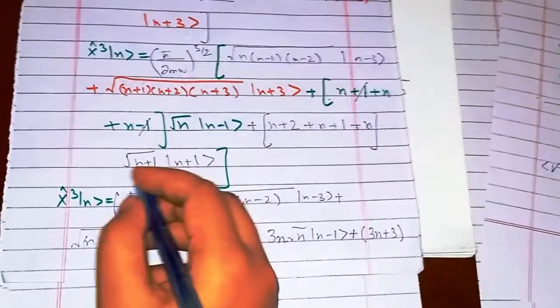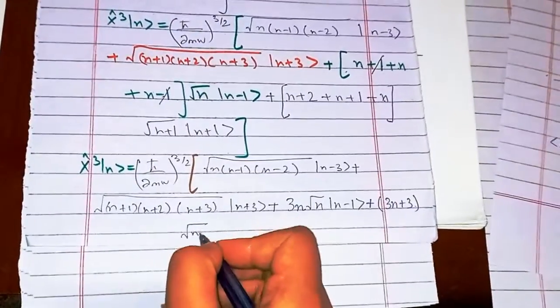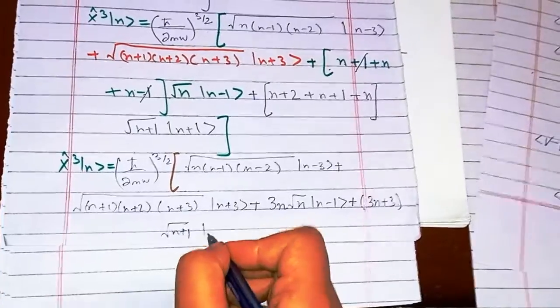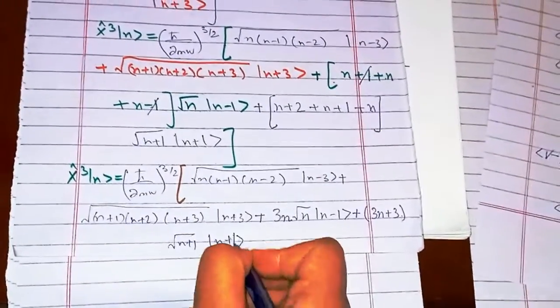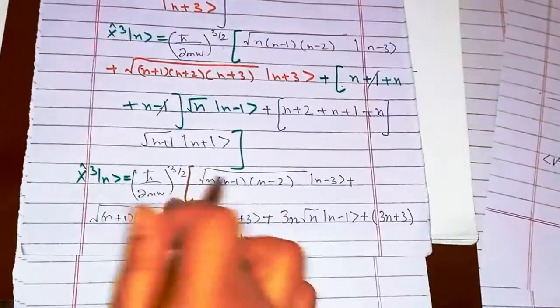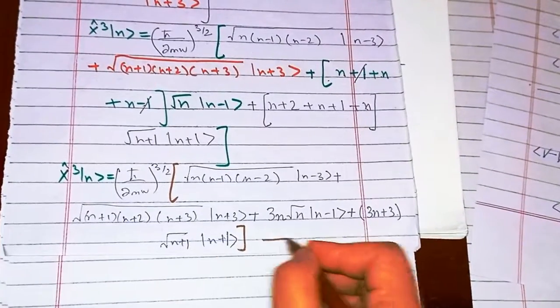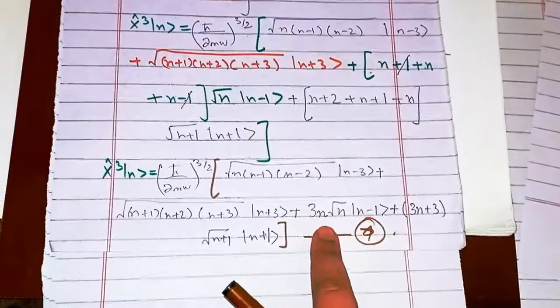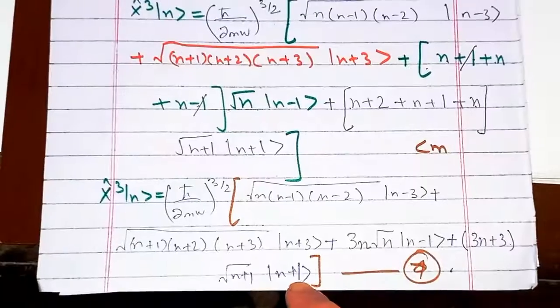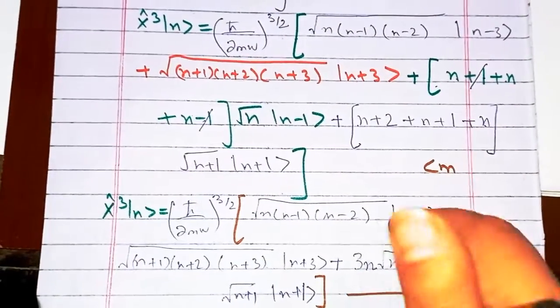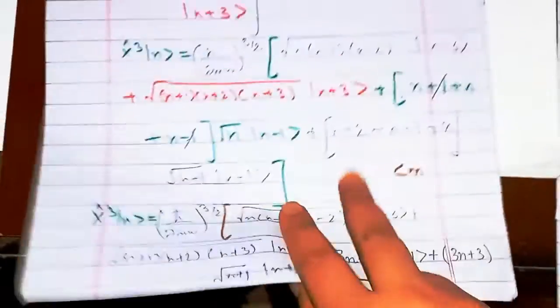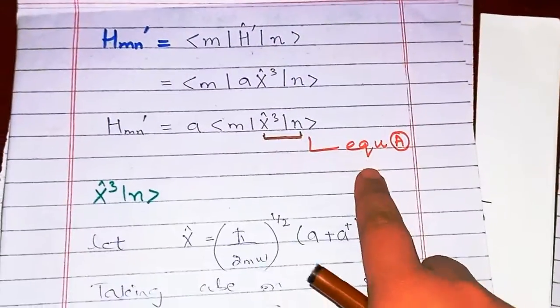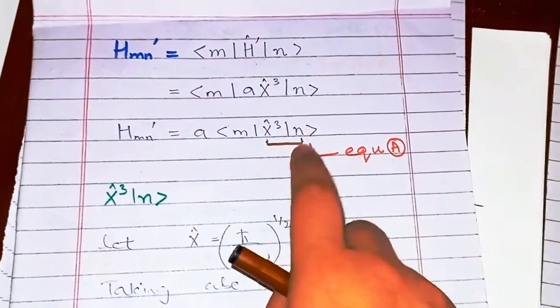And 3n+3 is multiplied by √(n+1) with |n+1⟩ as the ket, and this bracket closes. Okay, this is the most simplified form that we can get for this expression. We have successfully got this expression, and let's put it right back into equation number a to calculate this.